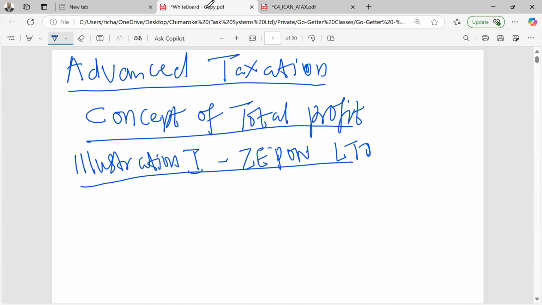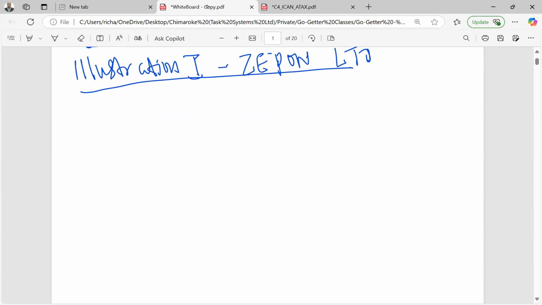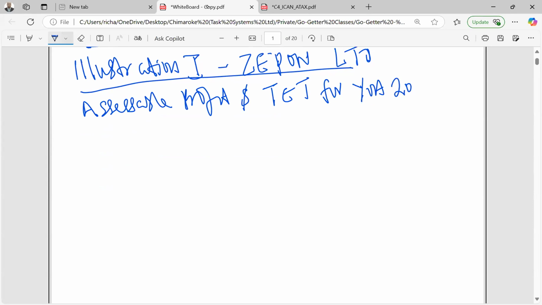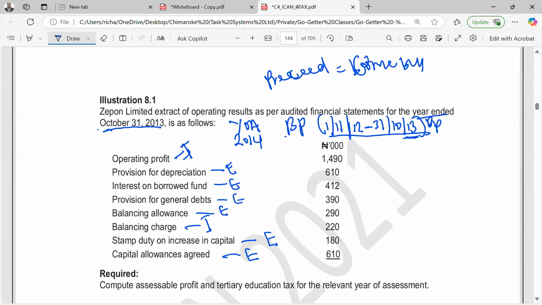Okay, so we are asked to do what? We are asked to do assessable profit and tertiary education tax for year of assessment 2014. They won't tell you the year of assessment. The question told you relevant year of assessment.